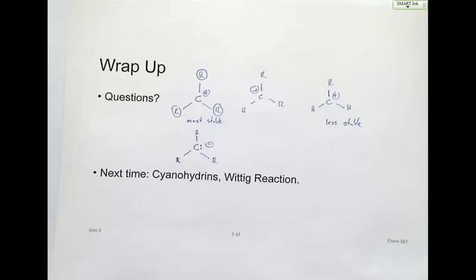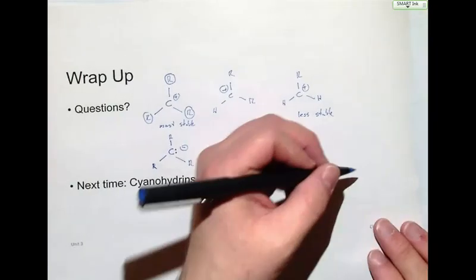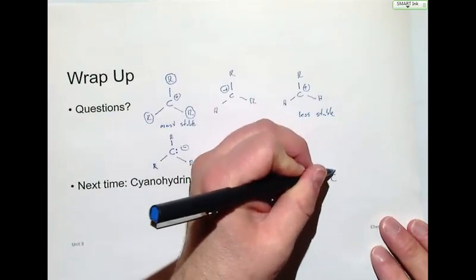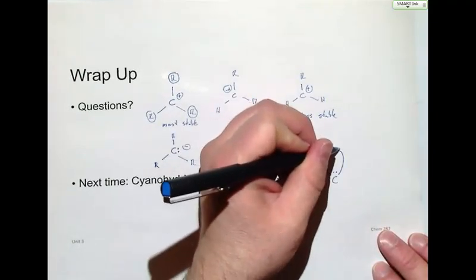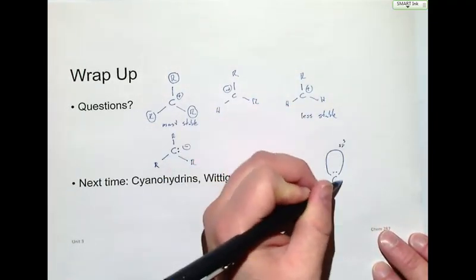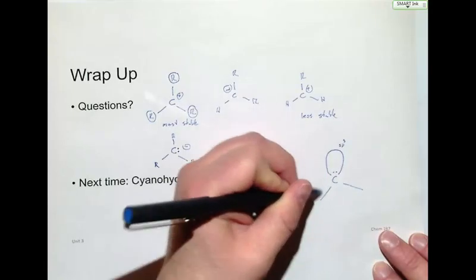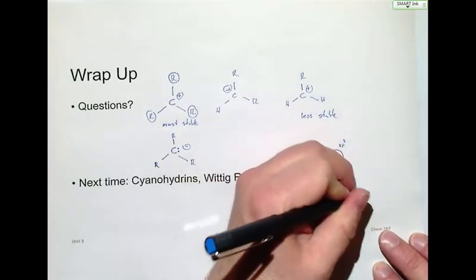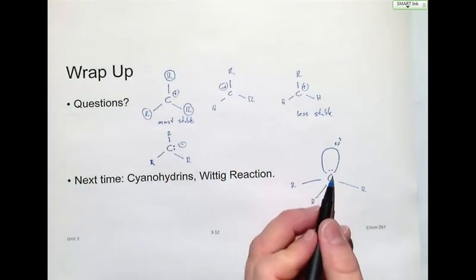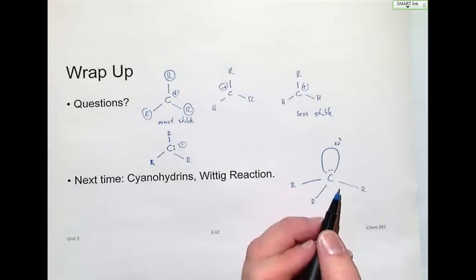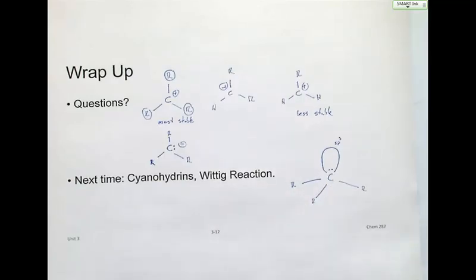So let's look at a carbanion and imagine what the orbitals are like. You've got an sp3 orbital, and one of these R groups. Do the electrons take up more volume when they're bonded or when they're non-bonded?